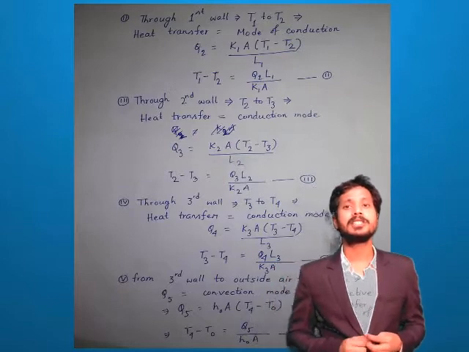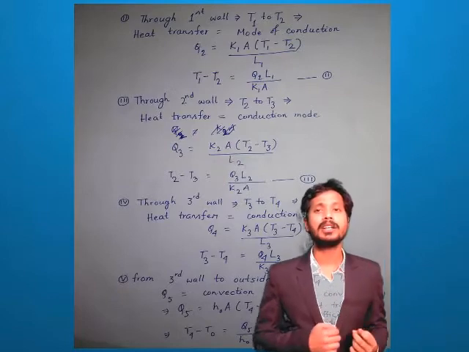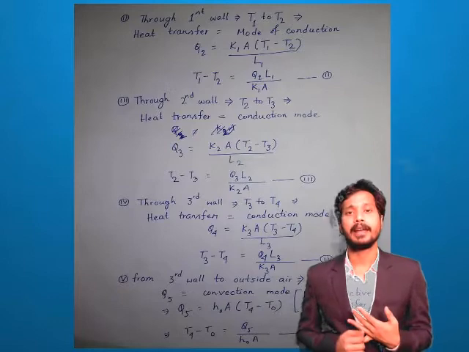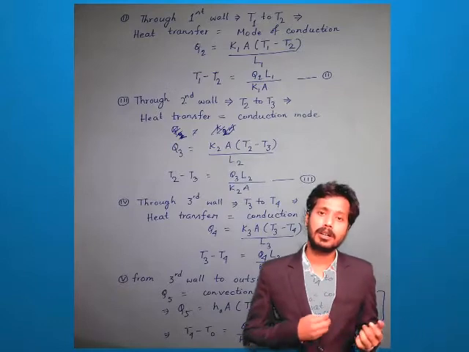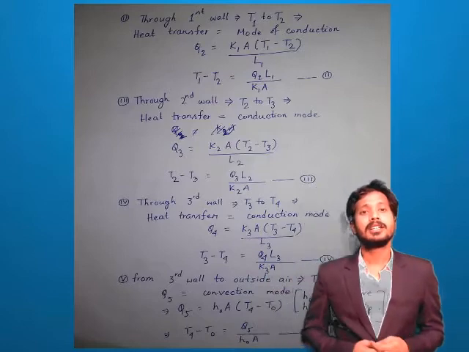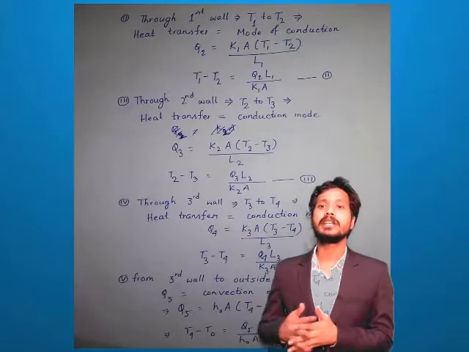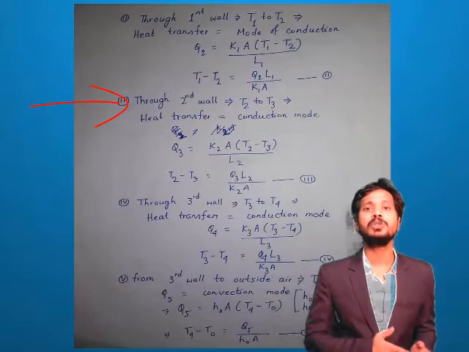So T1 minus T2 comes to Q into L1 divided by K1 into A. Now if we continue, then through the second wall also heat will be transferred from T2 to T3.